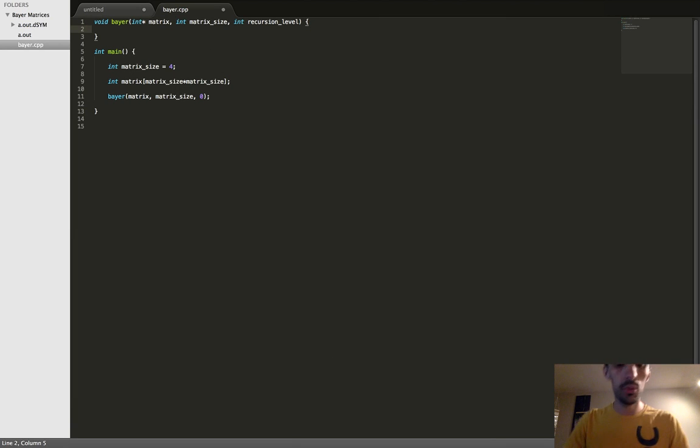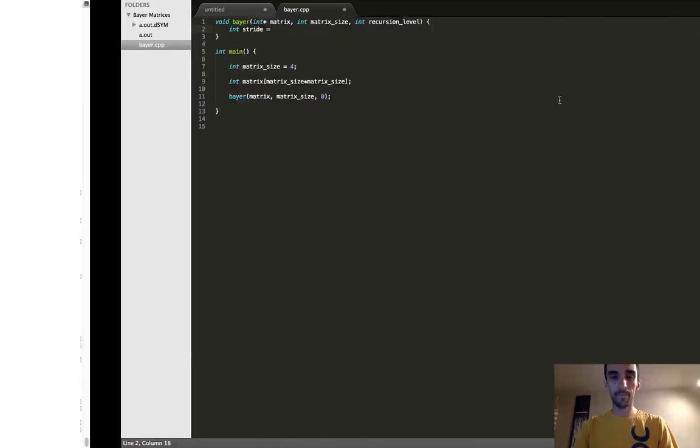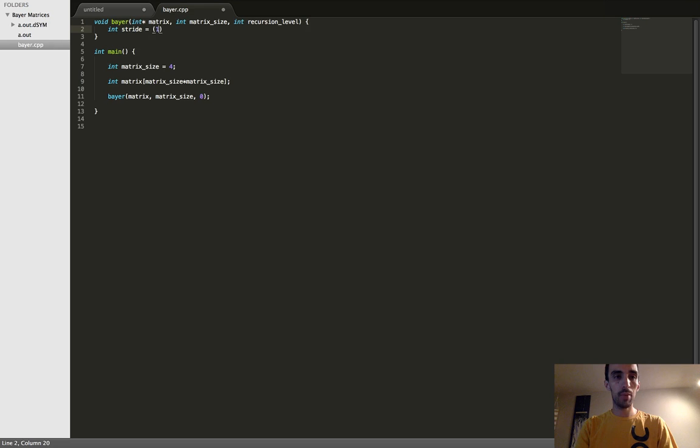and implement those formulas. So let's start with the stride. The stride is 1, 2, 4. No, sorry, the formula: 2 to the R. I'm going to implement this by using a left shift. Super easy. Recursion level. There we go.